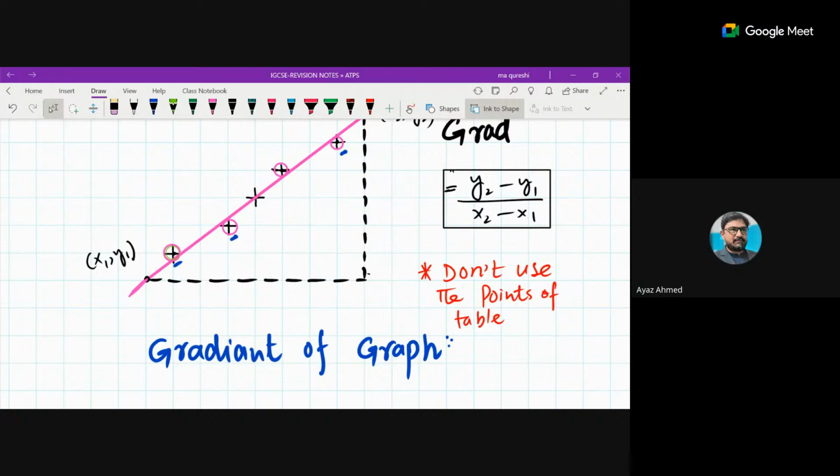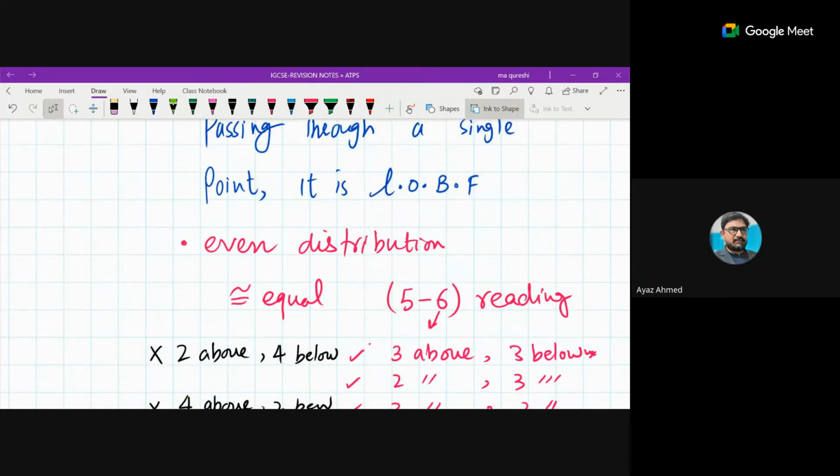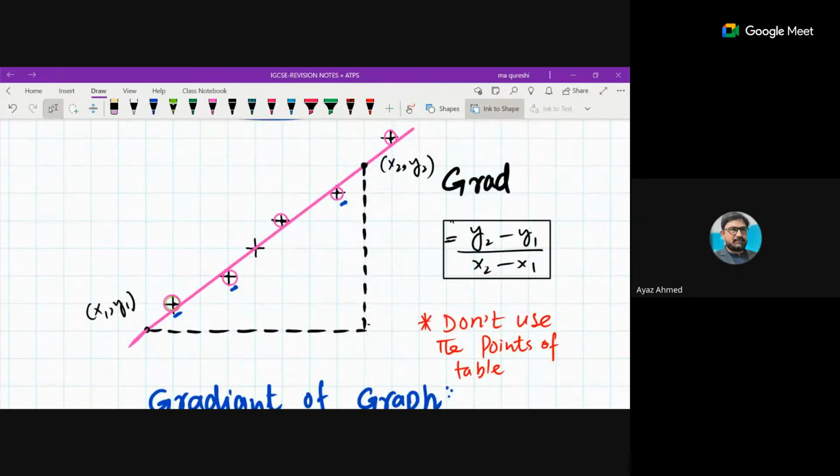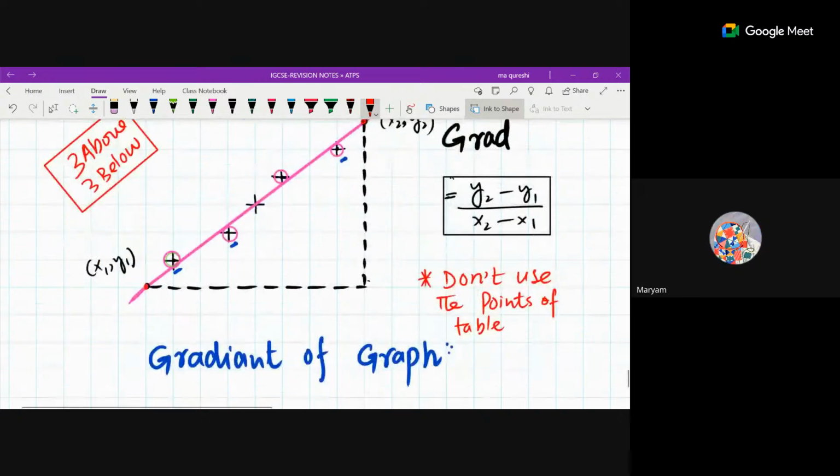That is what I told you. Even if it is a line of best fit, the examiner considers a line of best fit with three points above, three below, right? So if the line is a proper line of best fit, there should not be a single point from the table on the line. For that purpose, you have to take these points on the line by your own. Is this very clear to everyone? Yes, sir. So please take care of this.